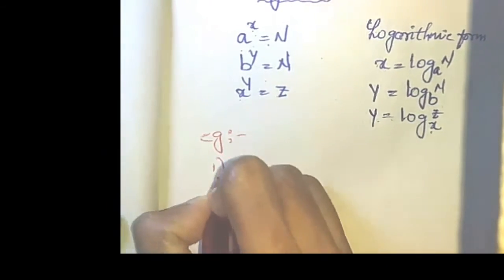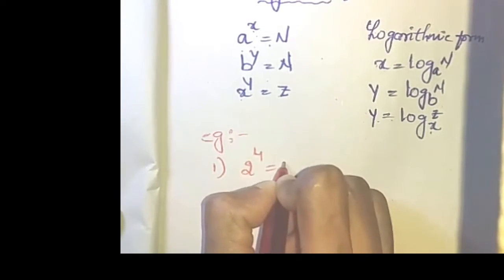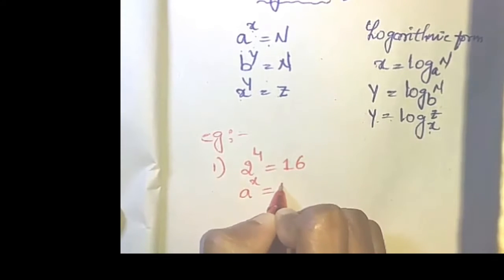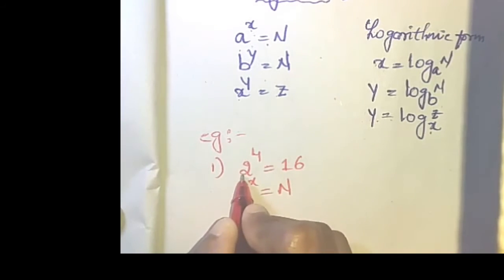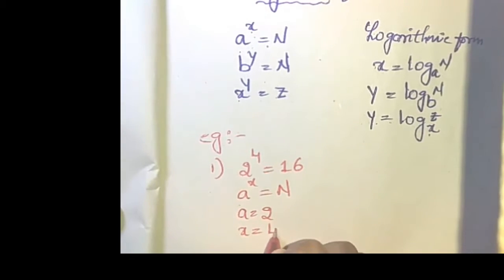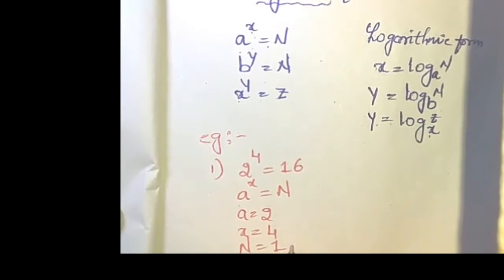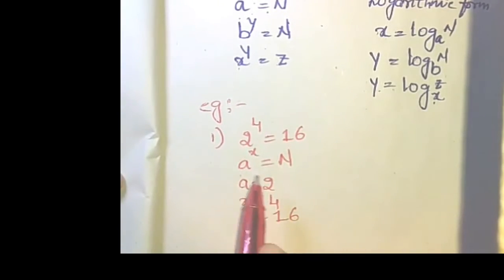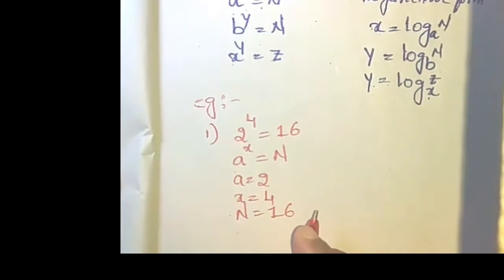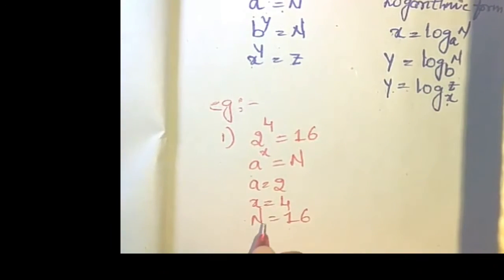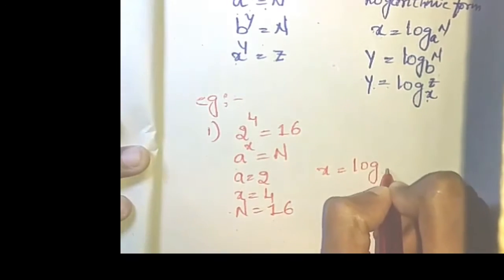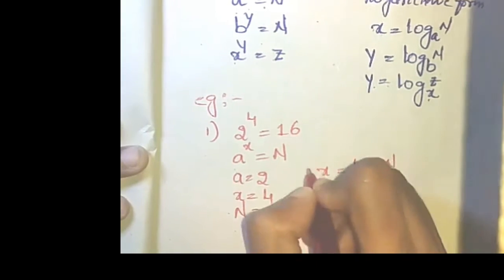Suppose 2 to the power of 4 is 16. This is in the form of what? a to the power of x is equal to n, where a is 2, x is 4 and n is 16. So now this is exponential form and we are converting it to what? Logarithmic form. So now what is the formula for logarithmic? x is equal to log n base a.